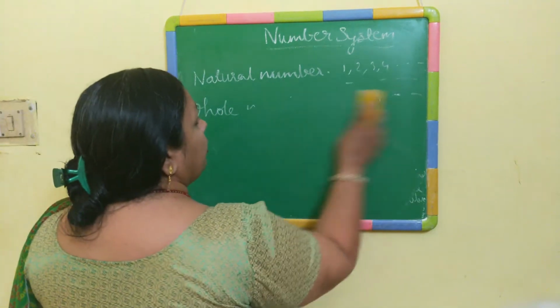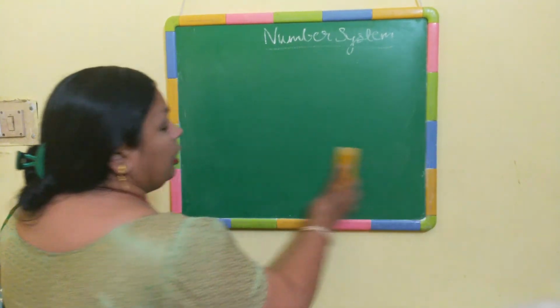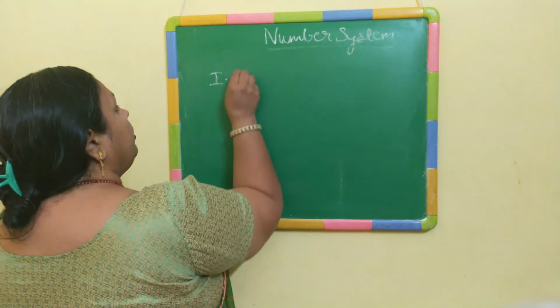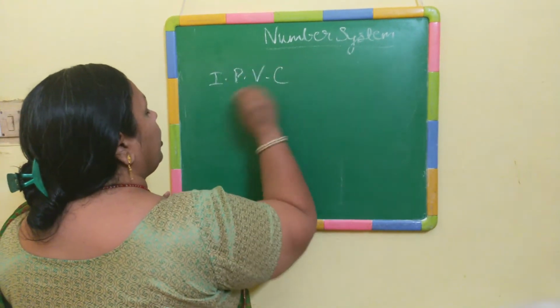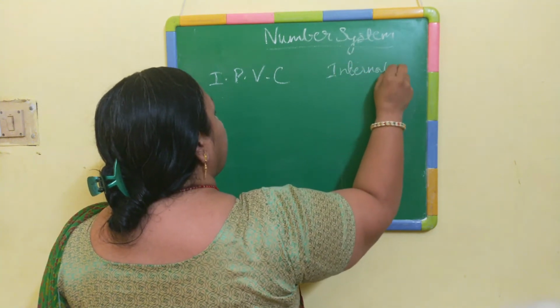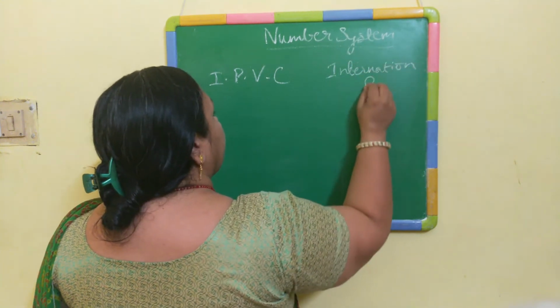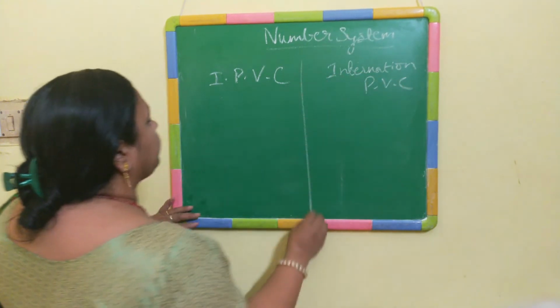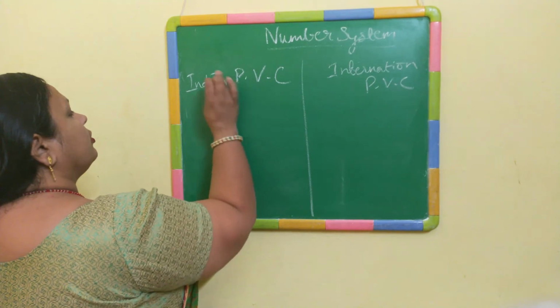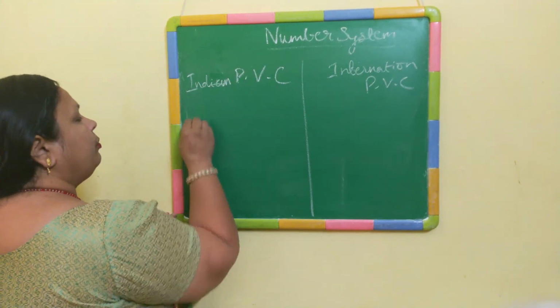So we'll now look at the difference between the Indian place value chart and the international place value chart. Both start from the right.